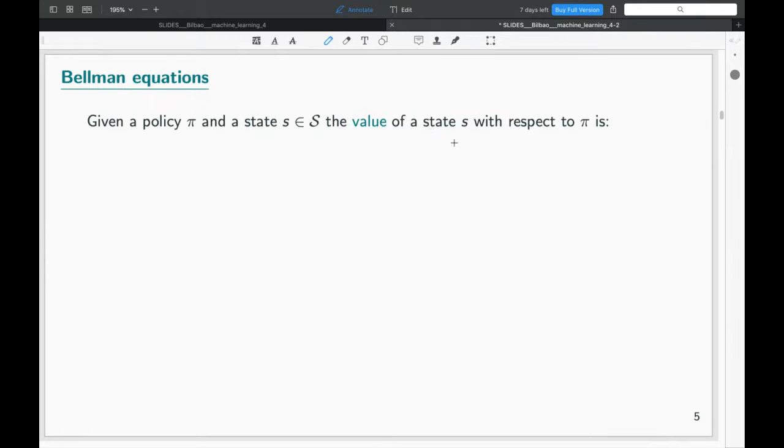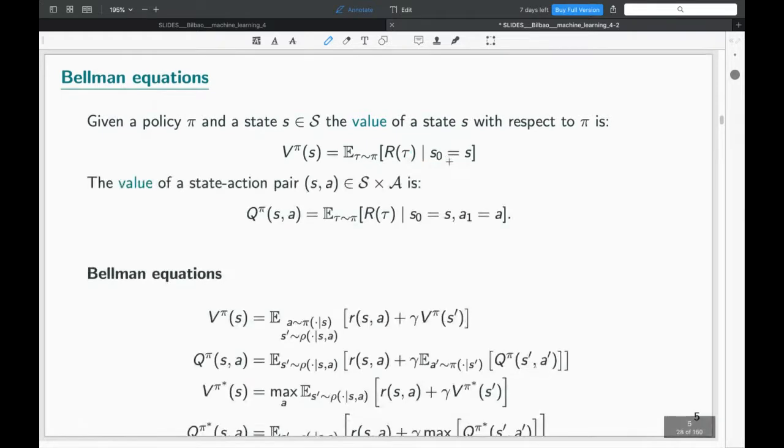So given a policy pi and a state S, the value of a state with respect to the policy is defined in this way, which is the expected return of an episode that starts at S. So it's the expected return if your initial state is S. And similarly, we have the value of a state-action pair (S, A), which is the expected return if the first state is S and the first action is A.